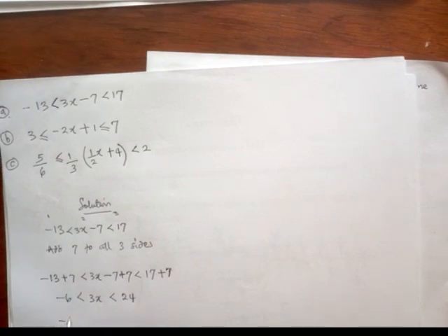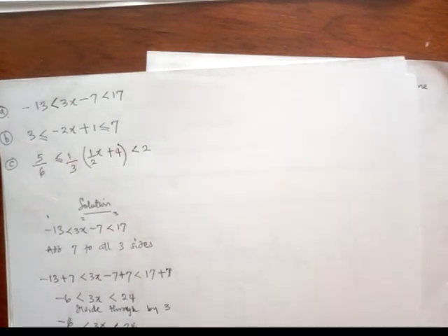So minus 6 divided by 3 less than 3x divided by 3 less than 24 divided by 3. Divide through by 3. This gives minus 2 less than x less than 8, since 3 into 24 is 8.